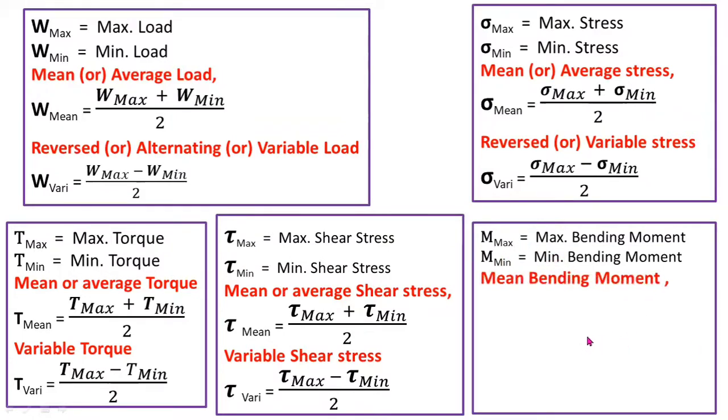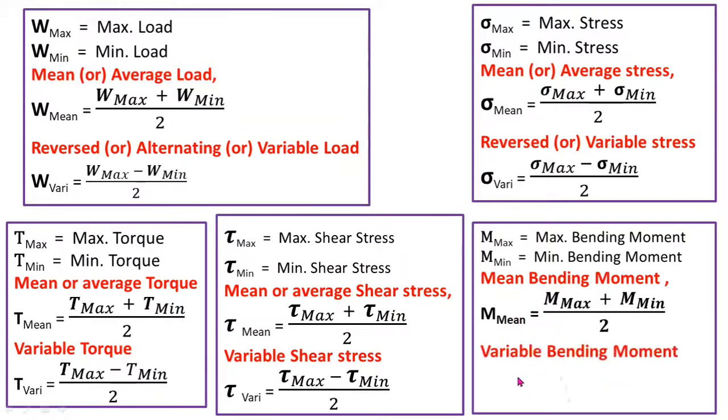M mean, or average bending moment, MM equals maximum plus minimum bending moment by 2. In a similar way, variable bending moment MV equals maximum minus minimum bending moment divided by 2. Okay, these all are useful for determining the mean and variable loads or stresses.